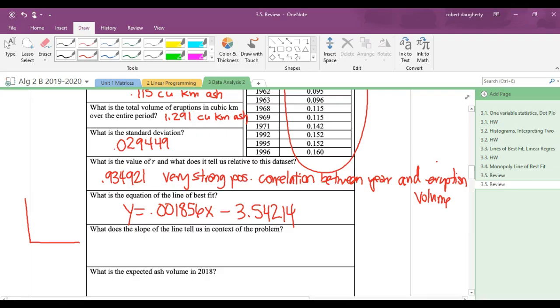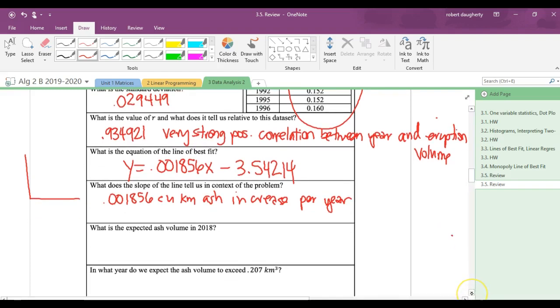So what this tells me is that I can expect there's a 0.01856 cubic kilometer of ash increase per year. So on average, that's about how much I can expect the increase in the ash eruption to change per year. And I'm just reading that from the slope of that line and putting it in context of the problem.